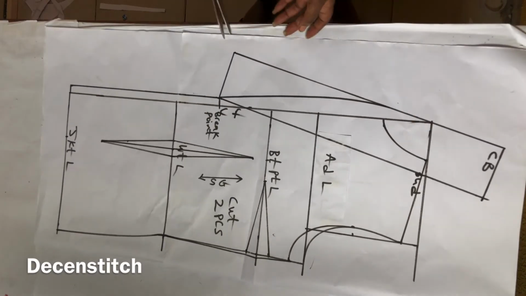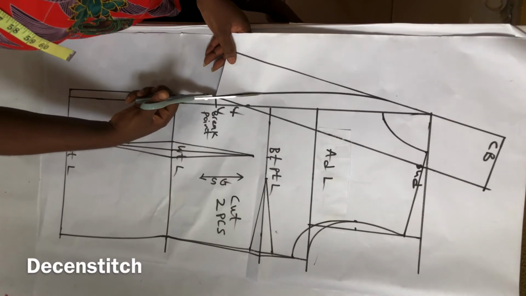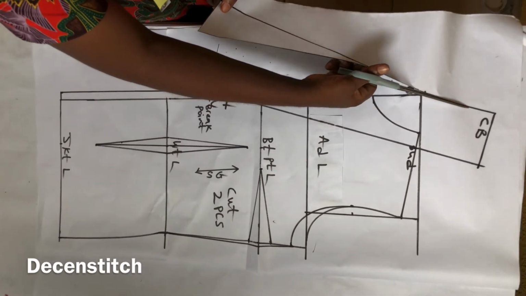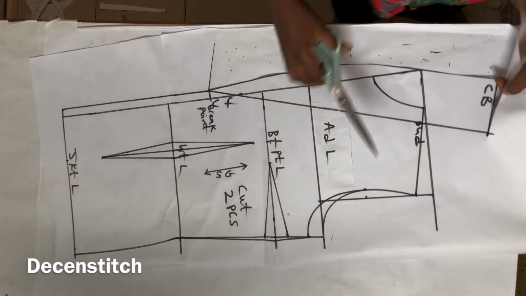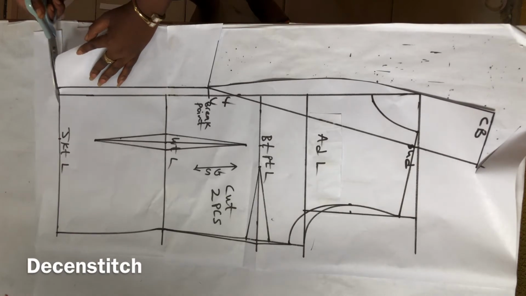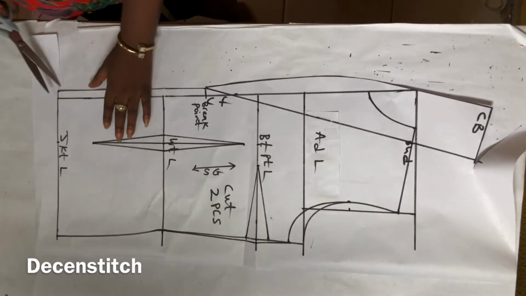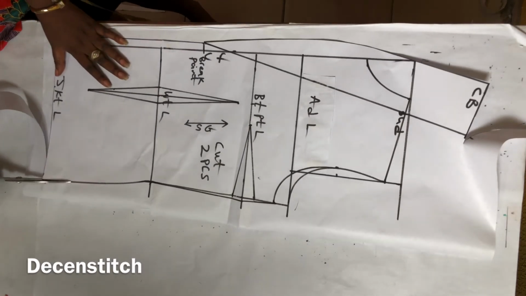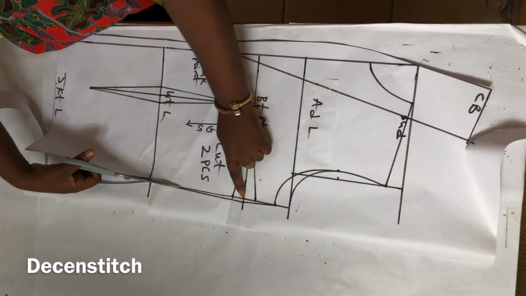Now I'm going to cut it out. I'll start with my lapel. I'm going to cut this, my old line, because it works for me.